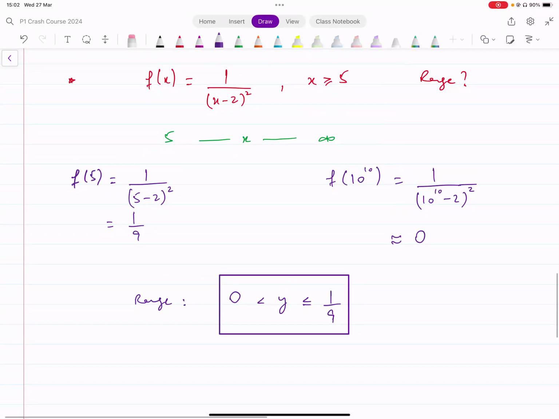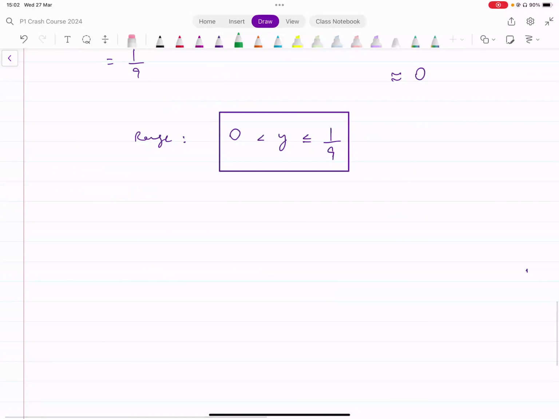Okay. Now, this is the standard way of writing it. This would also be logically correct: 1 over 9 greater than y greater than 0. That makes sense mathematically. That's correct. But generally, it's a convention to write such inequalities in this form, such that the smaller number is on the left side, the larger number is on the right side, and we have less than signs.